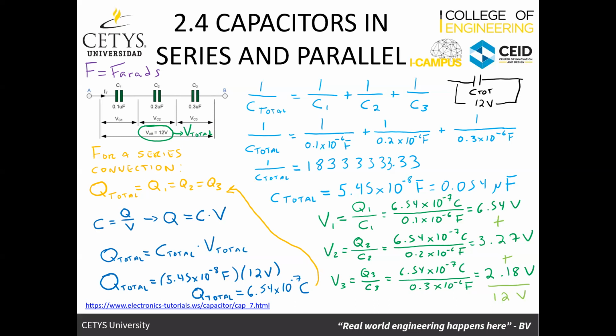A passive element is one that always absorbs or attracts energy. An active element is one that can provide energy. So a power supply is always an active element. A battery is an active element. It's something that's trying to give me energy to do something.